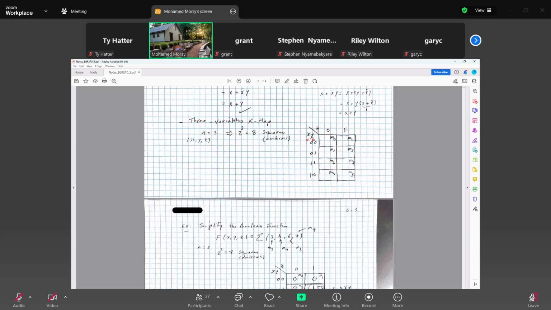For z, it's just 0, 1, either 0 or 1. And when we put the minterms inside, again remember we need to jump here. How?